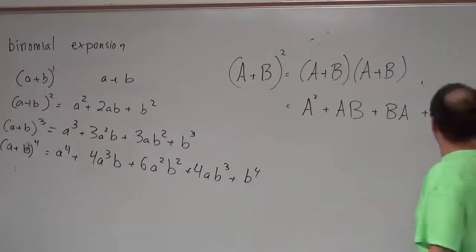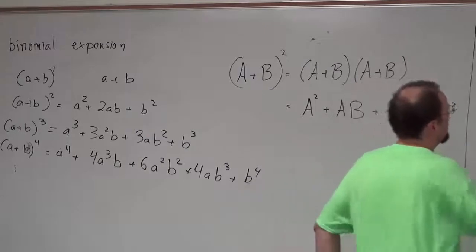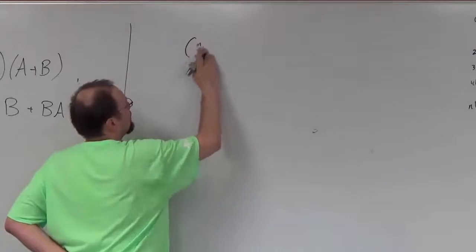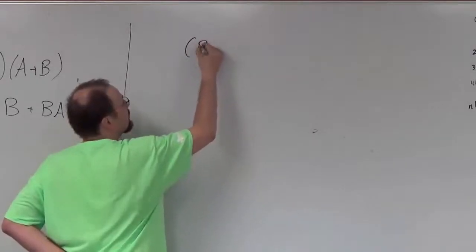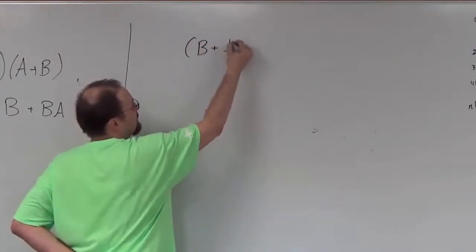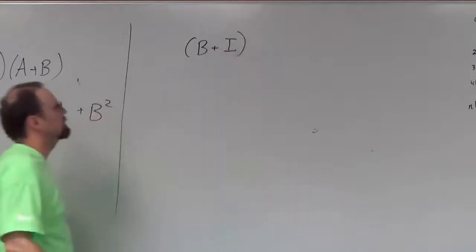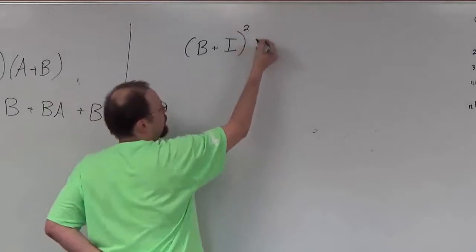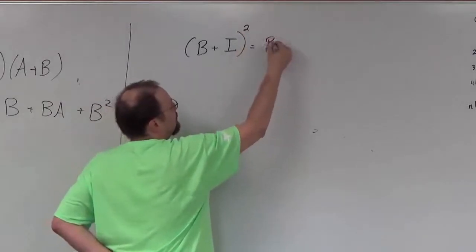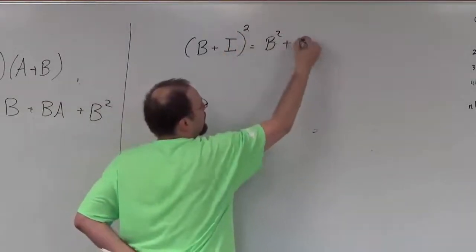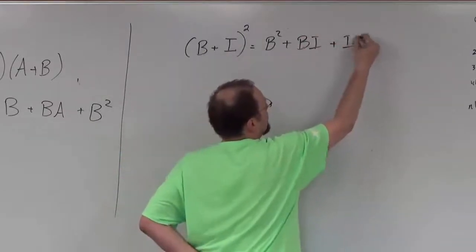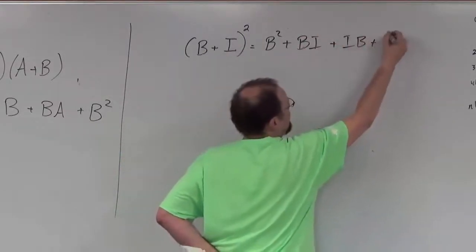But there is a special case. Imagine you have B plus the identity, and you raise this to the power 2, say. Well, you would get B times B, B times I, I times B, and then I times I, sorry.